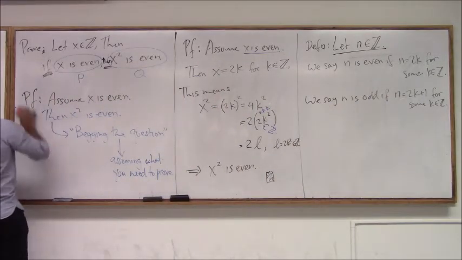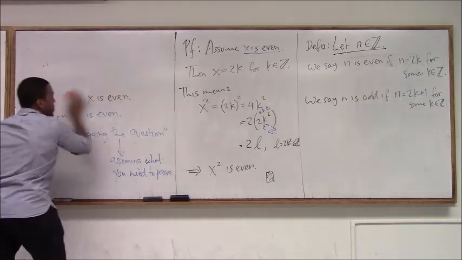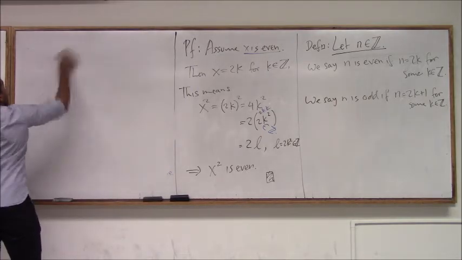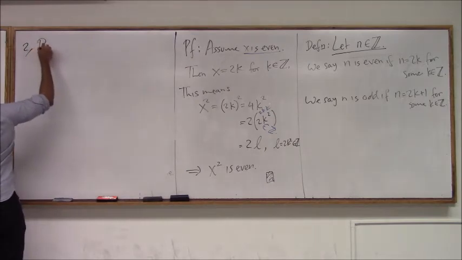Let's go to another kind of proof technique. Like I say, it's a crash course. We're really only doing one example. There's something that's called a proof by contrapositive.